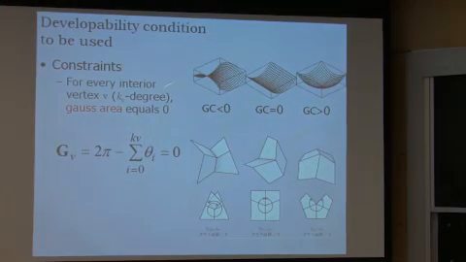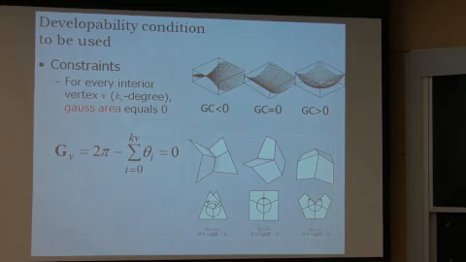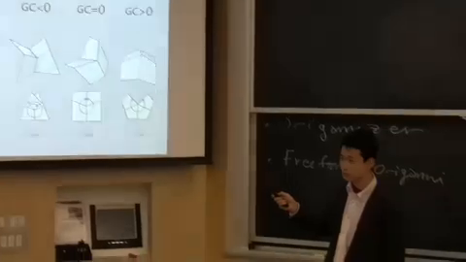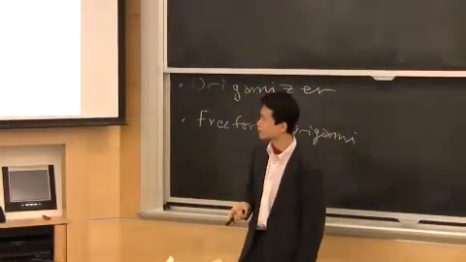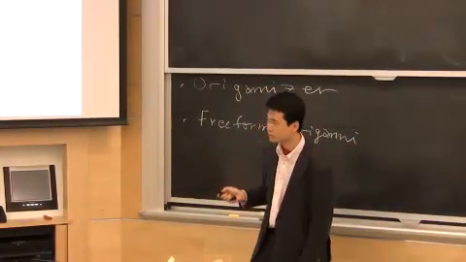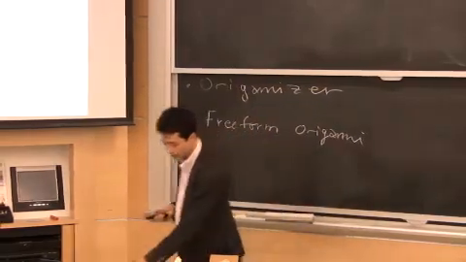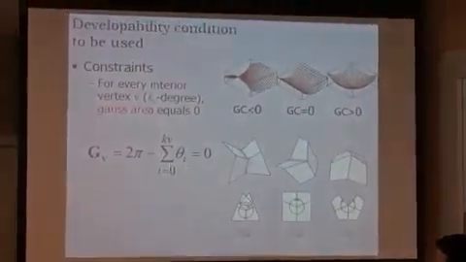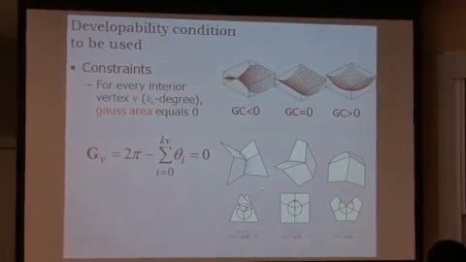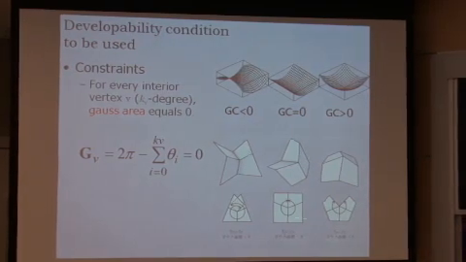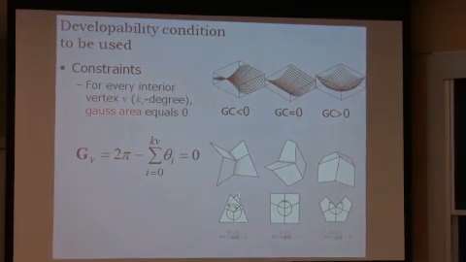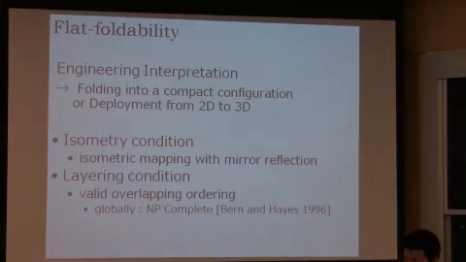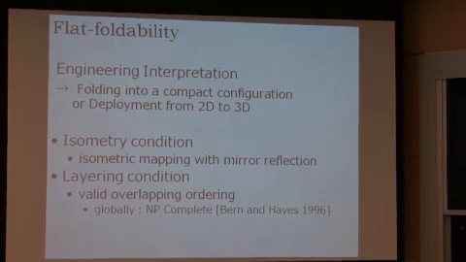It's very easy to define Gauss curvature for a C2 surface by multiplying the principal curvatures. But for the polyhedral case, we instead use the angle defect, which is 2 pi minus the sum of angles around the vertex. It's a very simple way to express that the surface is folded from a plane, so this sums up to 2 pi. This is what you can use for developability.